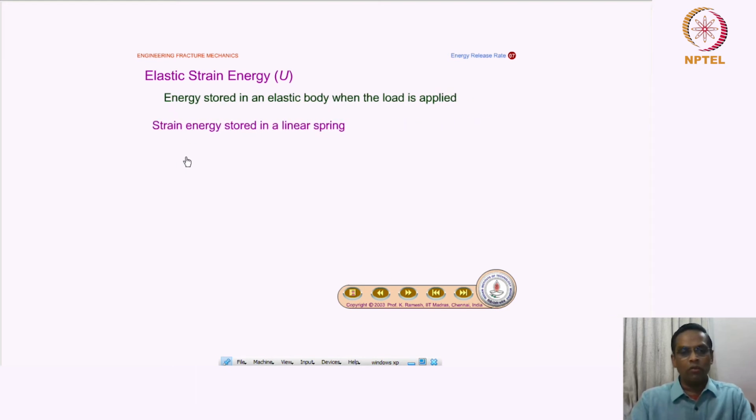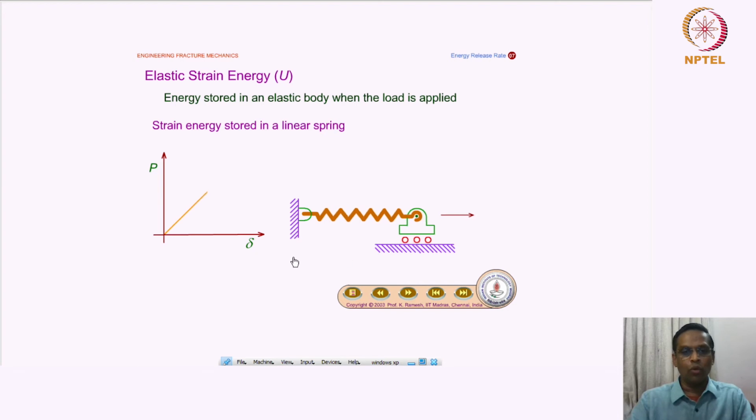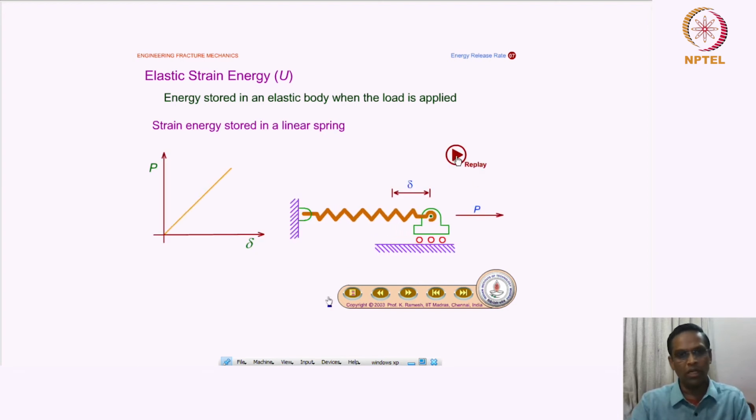What we will now do is review some of our old ideas, whatever we have already learned. We are going to look at the elastic strain energy, the energy stored in an elastic body when a load is applied, and the strain energy stored in a linear spring. We are going to talk about strain energy, and we are also going to involve surface energy to explain crack problems.